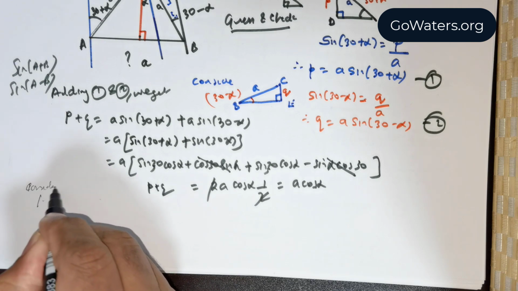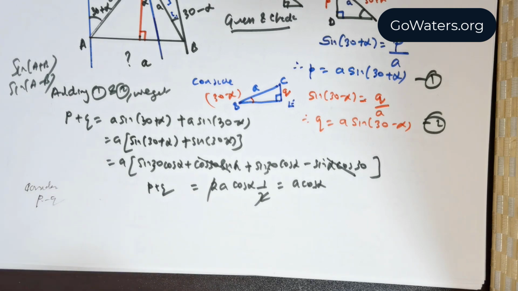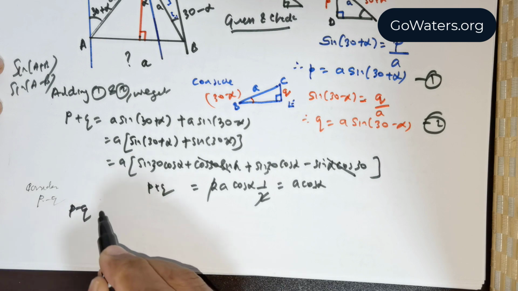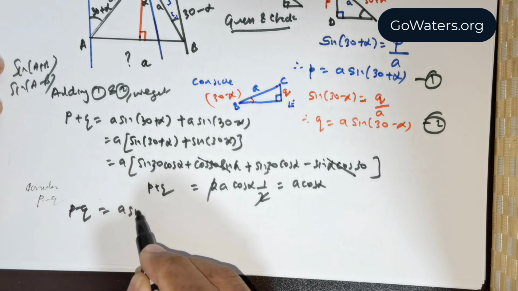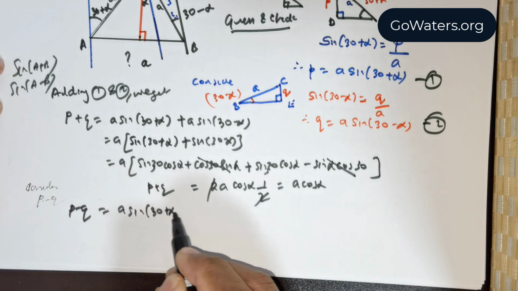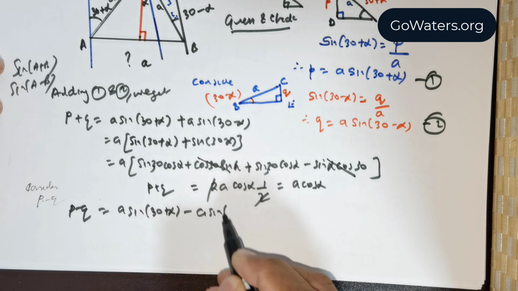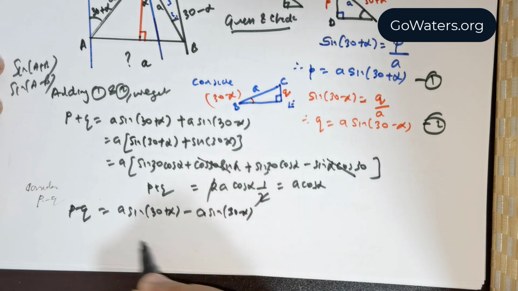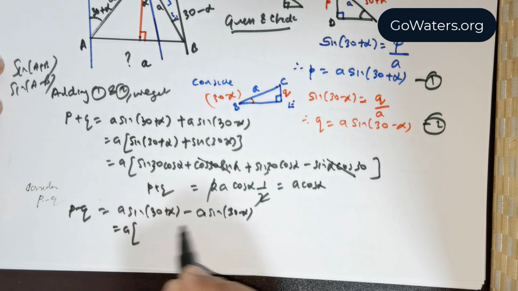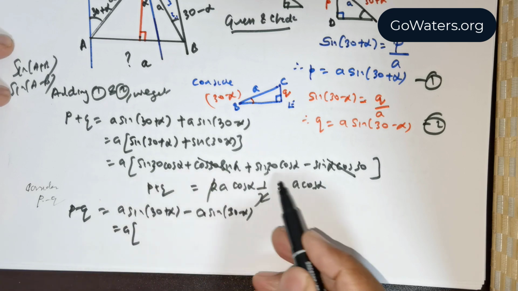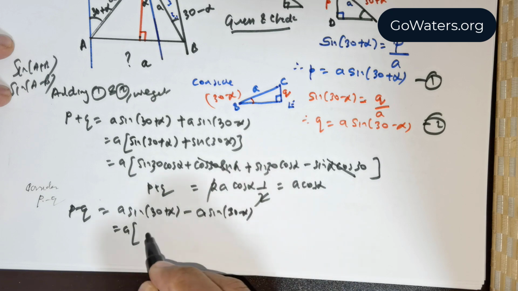Consider P - Q. So what is P - Q? P - Q is equal to A sin(30 + alpha) - A sin(30 - alpha). If I write the formula, there is going to be a negative sign here, right?